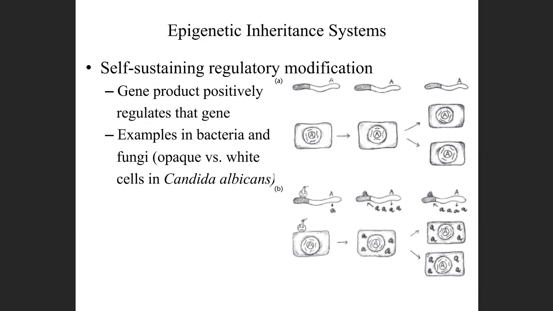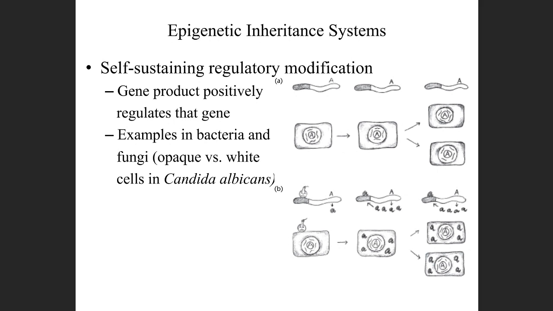Okay, so one example, and there aren't a ton of examples, at least that I was able to find, of epigenetic inheritance systems, is self-sustaining regulatory modification. So it's when a product positively regulates that gene. In other words, the product of the gene also causes that gene to be transcribed and expressed more often.